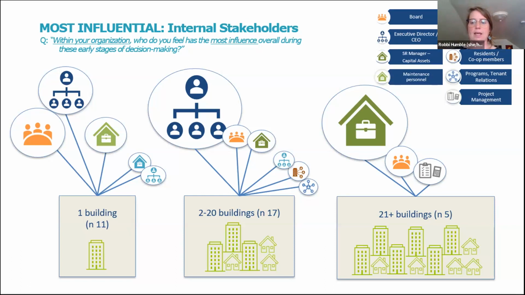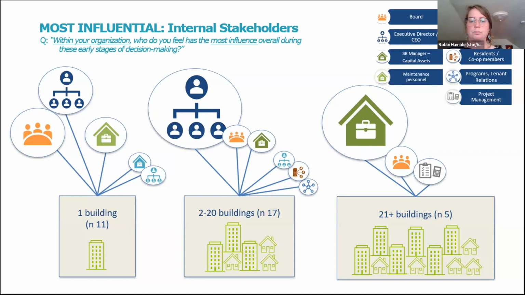There was a larger influence of the board of directors, but also property managers, so day-to-day site managers who are on site managing the buildings. They were often pointed to as having a lot of knowledge in that day-to-day process, and so being relied on.